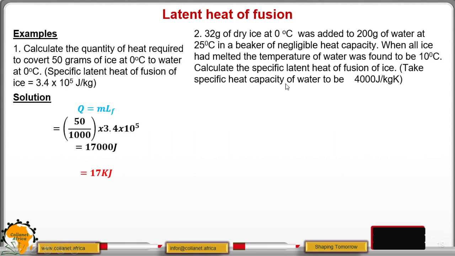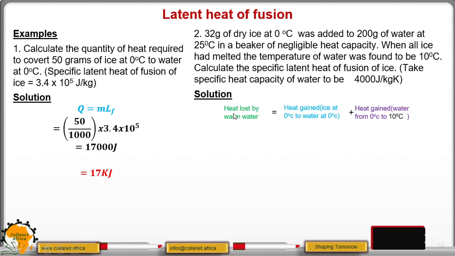Take specific heat capacity of water to be 4,000 joules per kg per Kelvin. We proceed as follows. We have seen that heat lost by warm water should be equal to heat gained by ice, that is ice at 0 degrees to water at 0 degrees, during the process of melting, plus heat gained by water from 0 degrees to a final temperature, and our final temperature is 10 degrees.